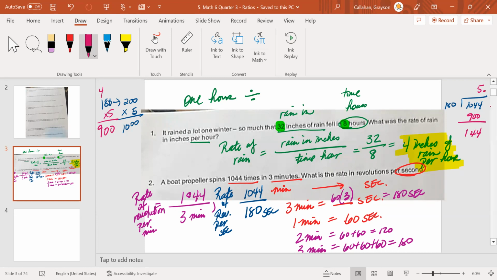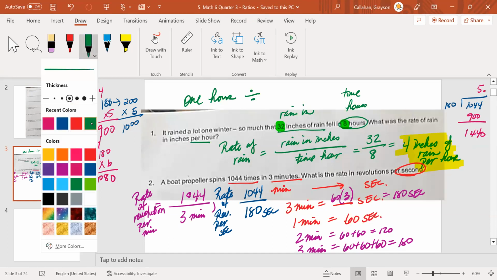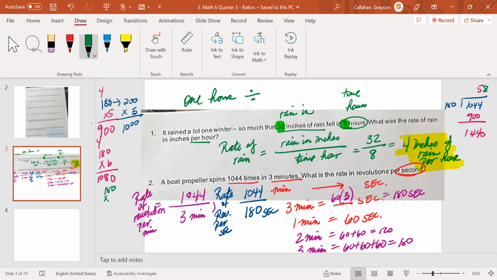Then I put a dot and a 0. 180, let's try times 6. Oh, I could do more than that. So let's try. It's gonna be 8. 180 times 8 is gonna be 1440.